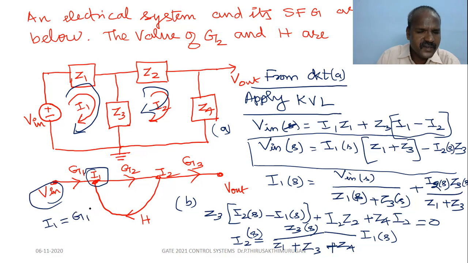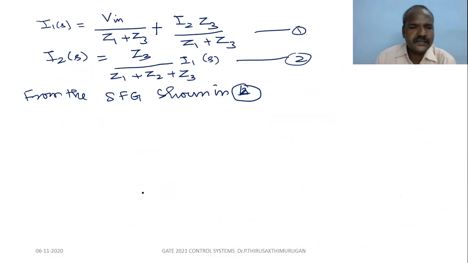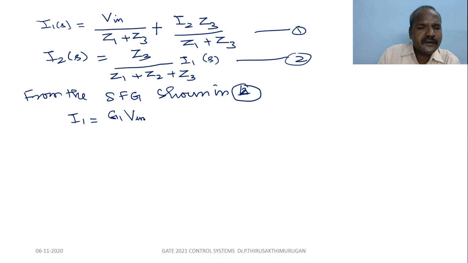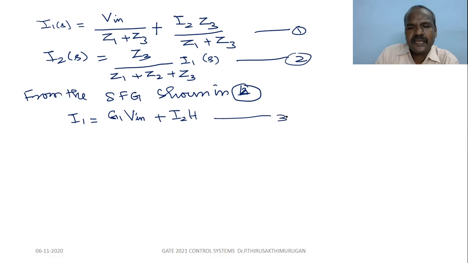I1 is also equal to this plus I2 coming back to I1 through positive feedback, I2 into H. So from the signal flow graph, I1 equals G1 into Vin plus I2 into H. This is equation number 3.